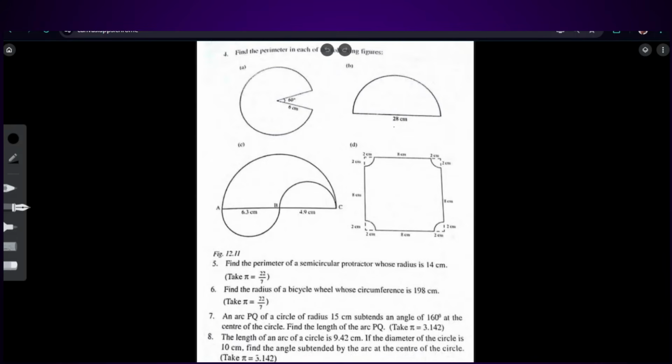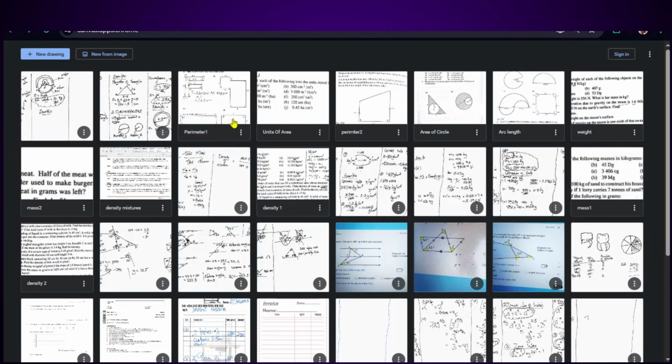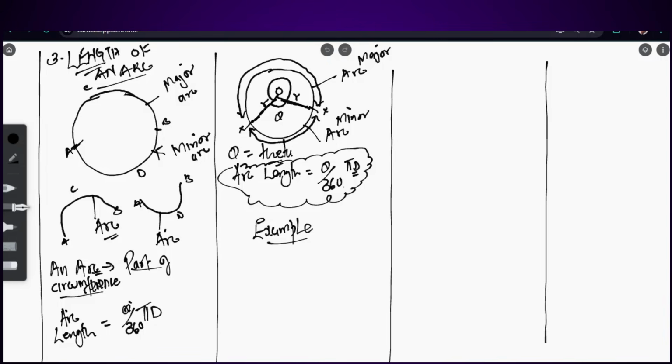Okay, let me start with this one. Find the perimeter of each of the following. If I pick A, I have a diagram that is like this.